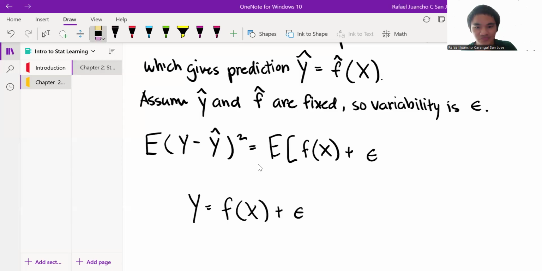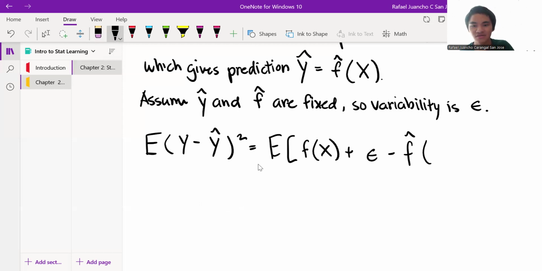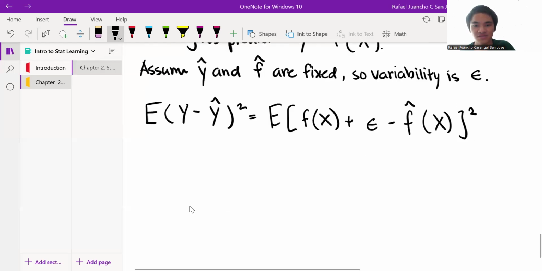Okay, cool. We're going to include this epsilon and then subtract this thing. Here we're just expanding it, because this thing is equal to the estimated function.